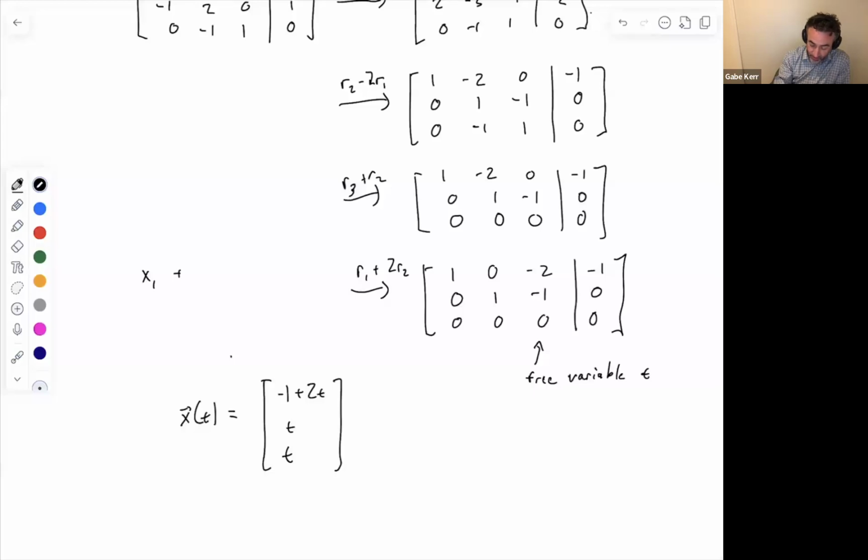So this is going to be x1 minus 2t equals -1. And the second equation is going to be x2 minus t equals 0. These two equations give me these two values, just adding t or 2t to both sides. Questions?